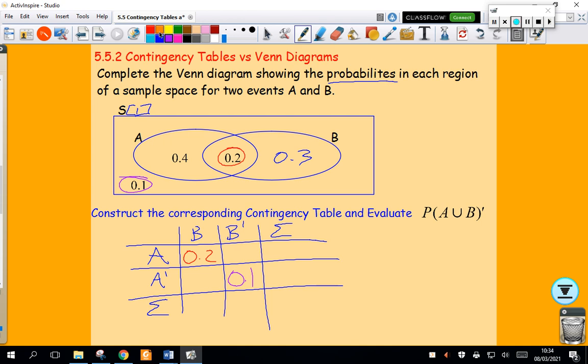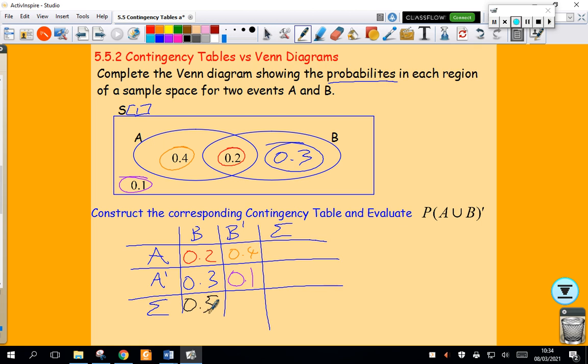And after that, I'll look at in A but not in B, inside row A but in row not B, that's 0.4. And then I'll look at in B but not in A, in column B but in row not A, that's 0.3.